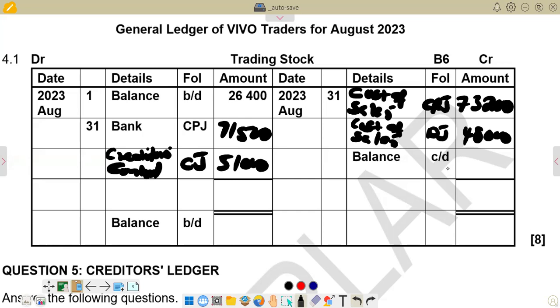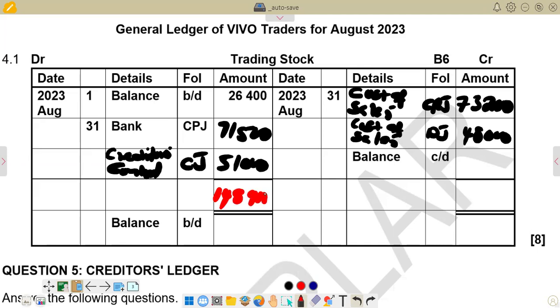So we need now to find the balance that we have there as the balance carried down. Remember, if we add the total of debit, we see that it's going to be greater than the total that we have on the credit side. So the total of the debit side, we say 6,400 plus 71,500 plus 51,000. You get the total, which is bigger, and it's supposed to come in between the double lines on both sides. If you add there, you're going to get 148,900.